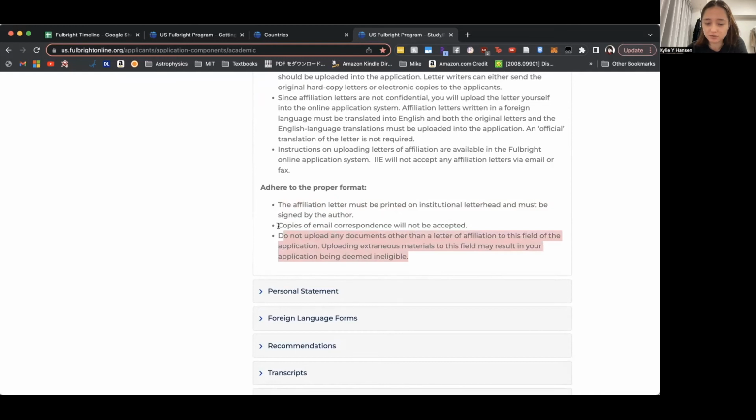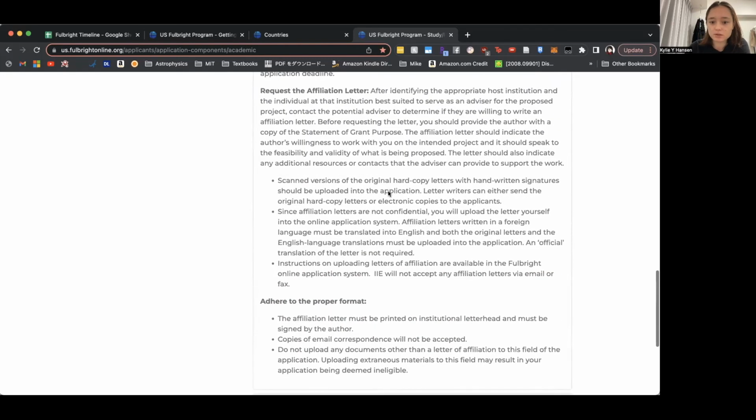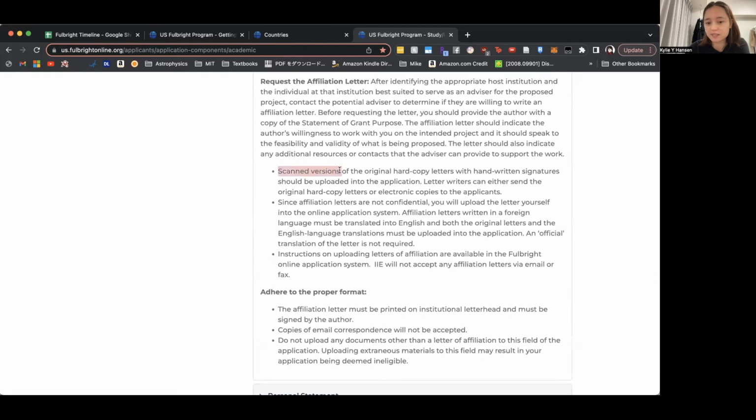And then, here we go. Do not upload any documents other than a letter of affiliation to this field of the application. There will be specific fields in the application, so do not upload any other documents to that one, obviously. It must be a scan of a hard copy letter with a handwritten signature.